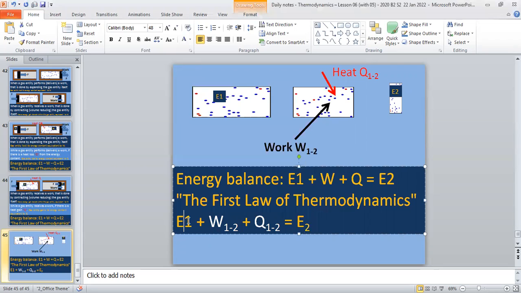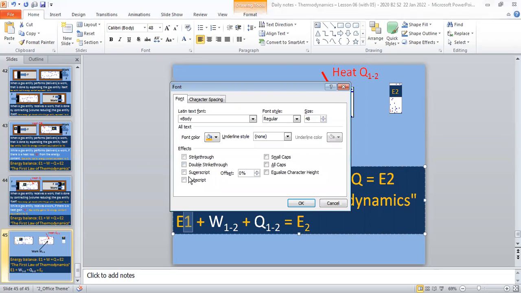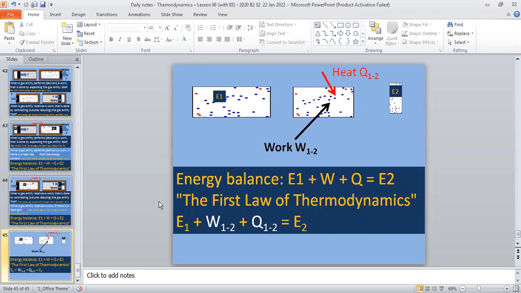E1 and E2 will be more standard. Okay, good.